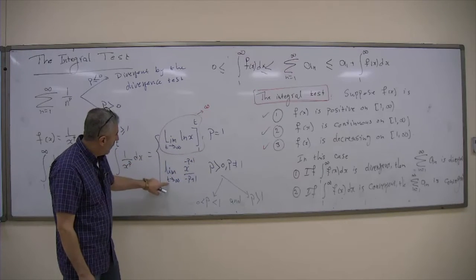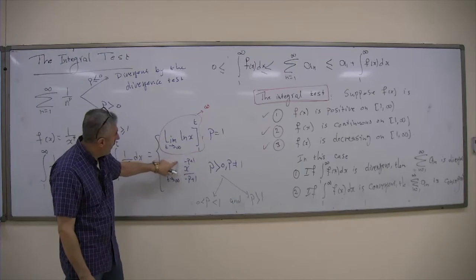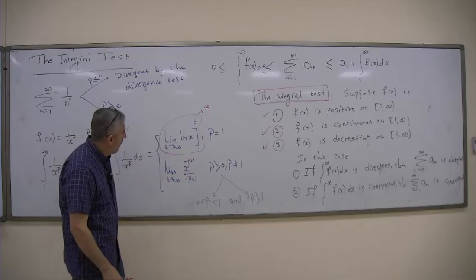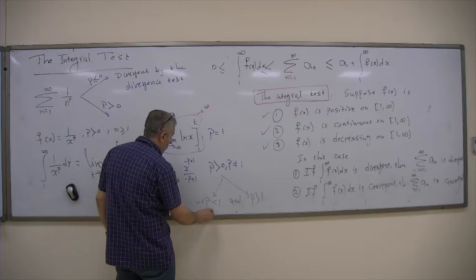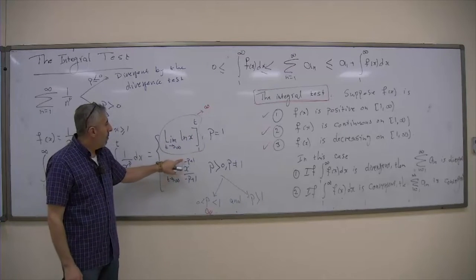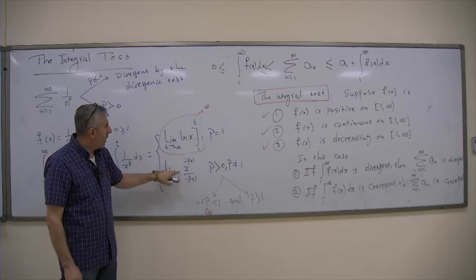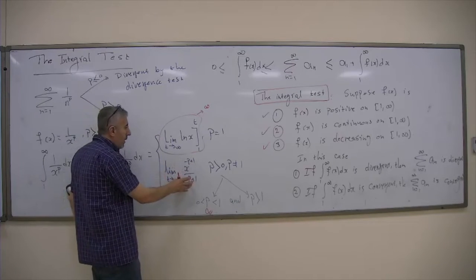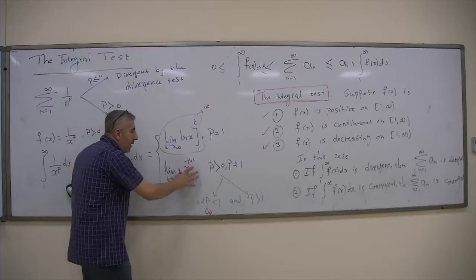And in that case, what happens when t goes to infinity? This will be infinity, this will be positive, so you get here infinity. And here when p is larger than 1, so 1 minus p, this will be negative, and it means this goes down here. And when t goes to infinity, that is 0.